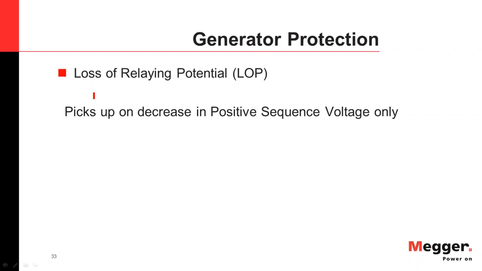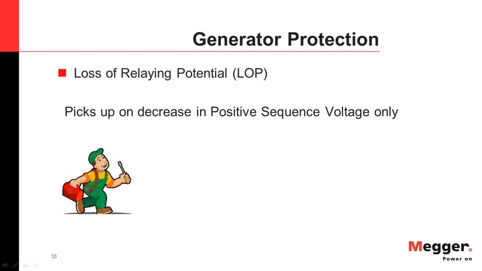In that condition, I want a discrimination between phase faults or an unbalanced system and detection of fuse failure. If I used phase voltage, I might think of faults, and it would take a long time to realize that my fuses have gone wrong. But if I use positive sequence voltage as the logic, then if I have a loss of relaying potential, I'll directly go and change my fuses, and there is no need to think about anything else.